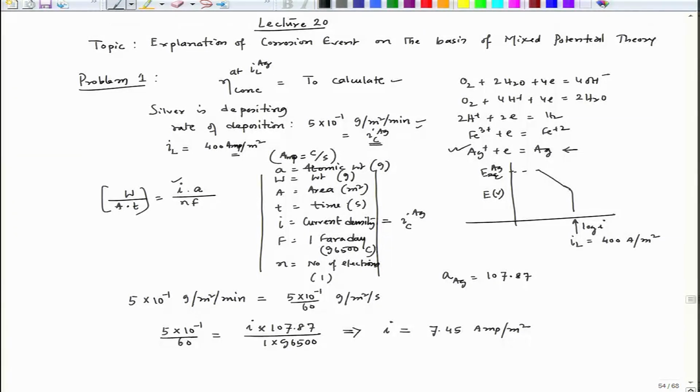Now, once we get this, then I can find out concentration polarization value, which is 0.059 by n log 1 minus IC by IL.